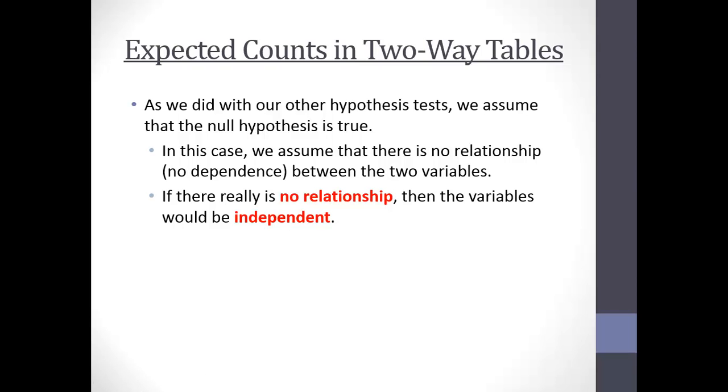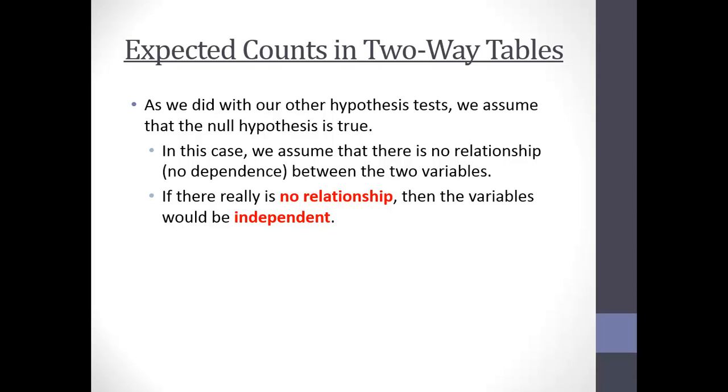All right, so the hypotheses are different, but the strategy is exactly the same. As we think about how we can do this hypothesis test, we first want to assume that the null hypothesis is true. Just like before, we assume the null hypothesis is true.